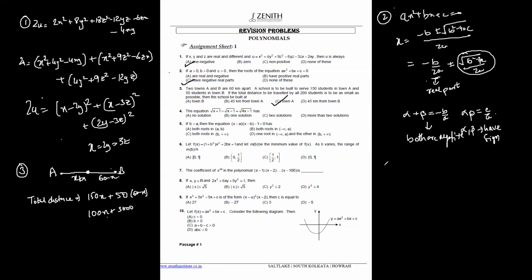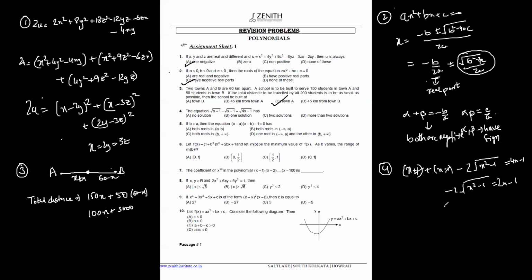Next, question number 4. Just squaring both the sides, we get x plus 1 plus x minus 1 minus 2 root over of x square minus 1 is 4x minus 1. So this 1 got cancelled, this became 2x. 2x minus 4x... So minus 2 root over of x square minus 1 is 2x minus 1.